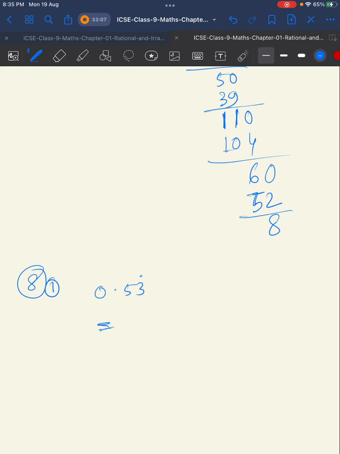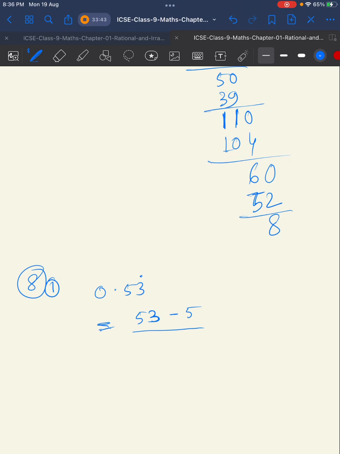Okay. So here you see, first we write 53, all digits. For the recurring decimal, the rational number we can express in this process. So first we write all the digits, then the number which has no bar, so that is 5. Then subtract.